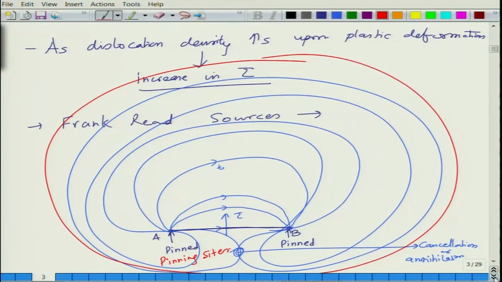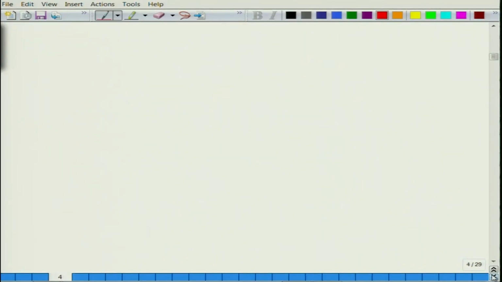That is what we saw in the last class, so let me just show you briefly. You start like this, then as you increase the stress tau, it bows out, but it remains pinned at these sites. So these are the pinning sites, it does not leave these places.